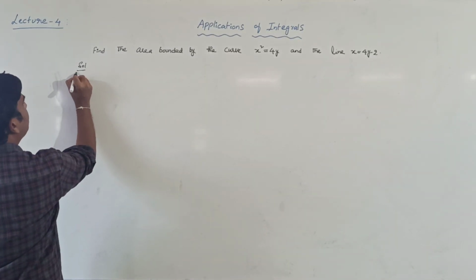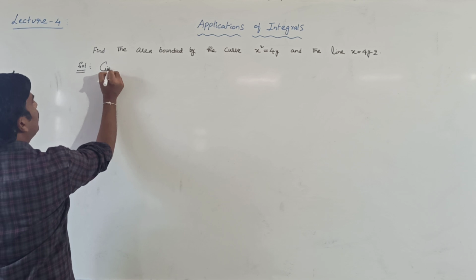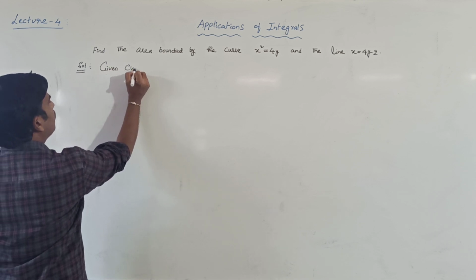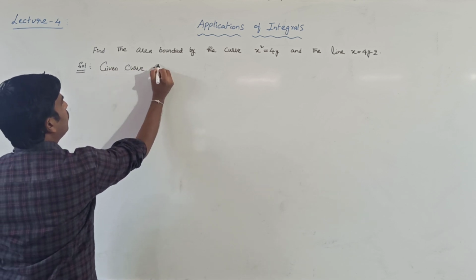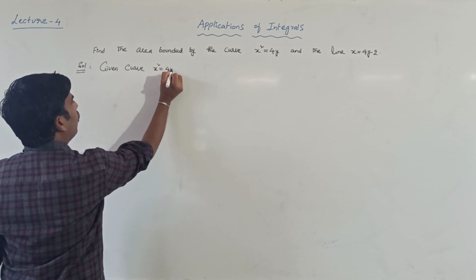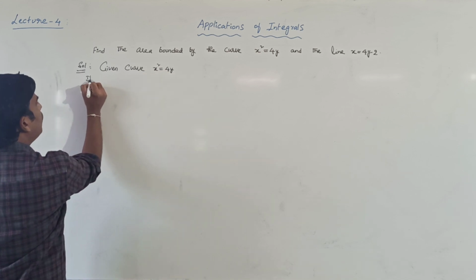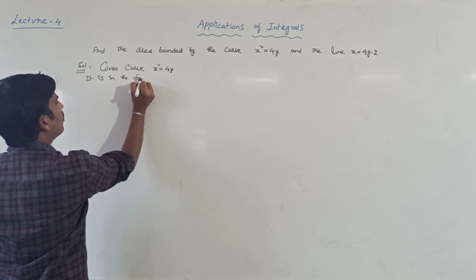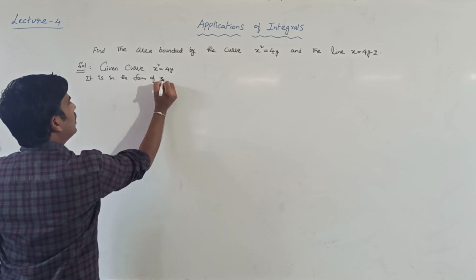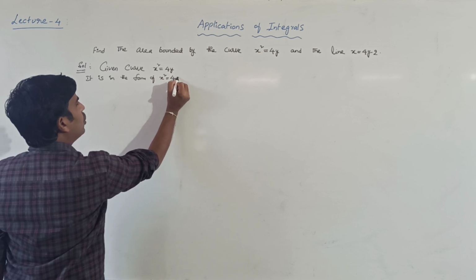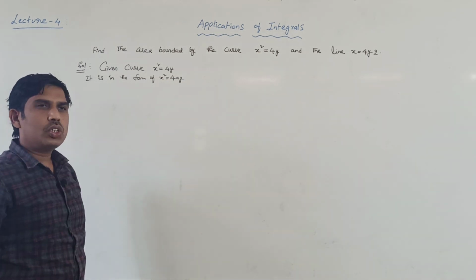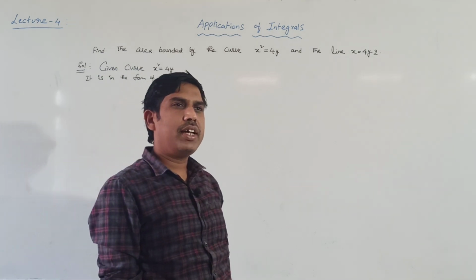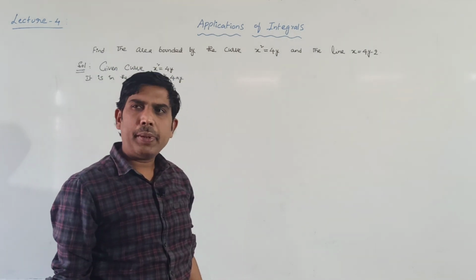Solution, observe. So, the given curve x square is equals to 4y is in the form of x square is equals to 4ay. So, x square is equals to 4ay represents an upward parabola.